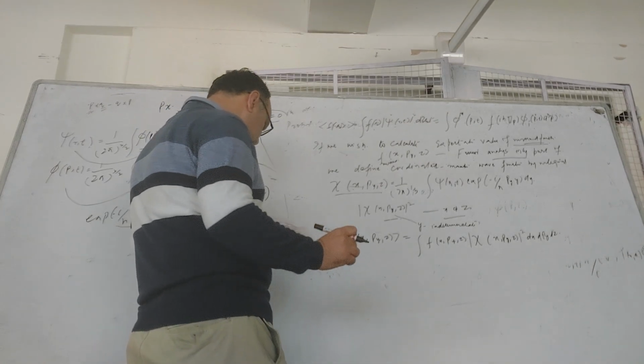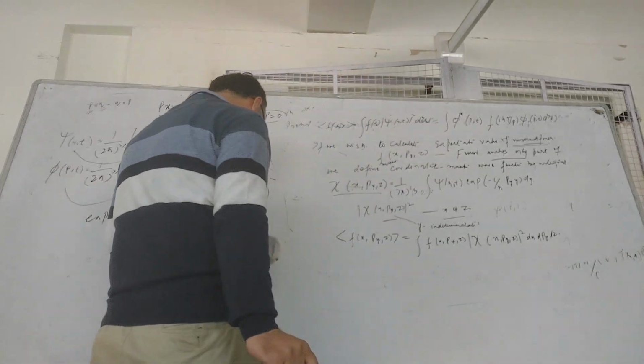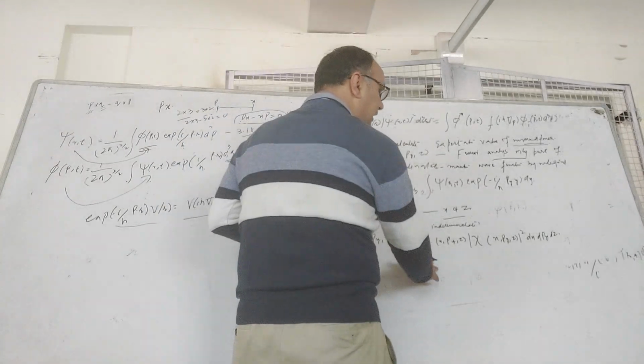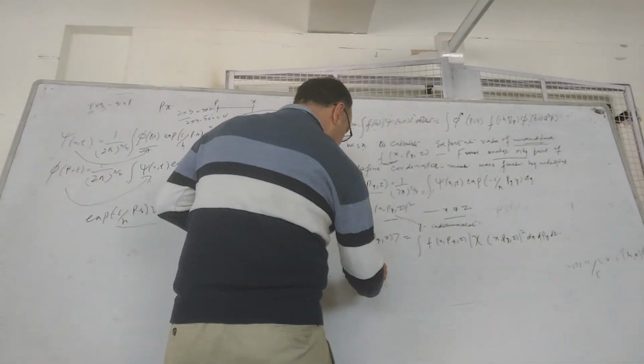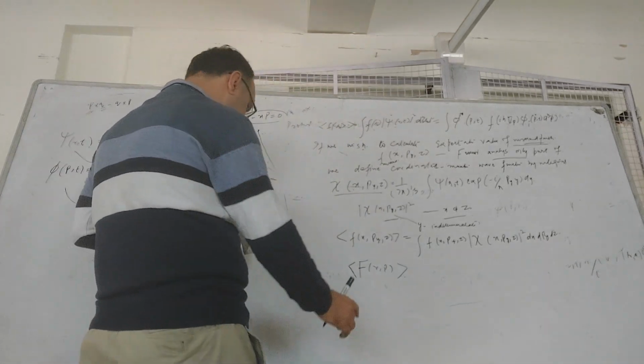So similarly, if we do the R and P for specifying the conjugate variables, so एक तो psi के लिए किया, एक phi के लिए किया, then we can write f of R P expectation value of.